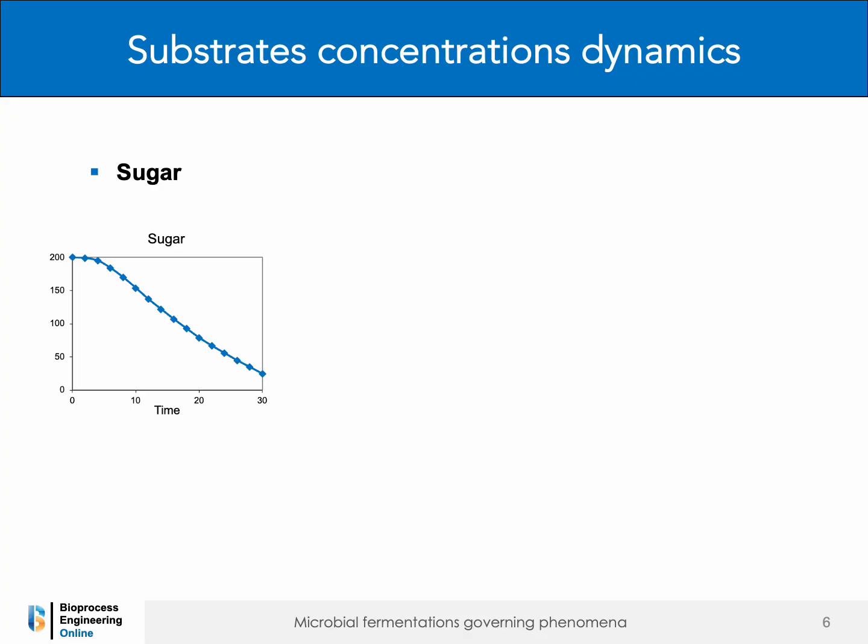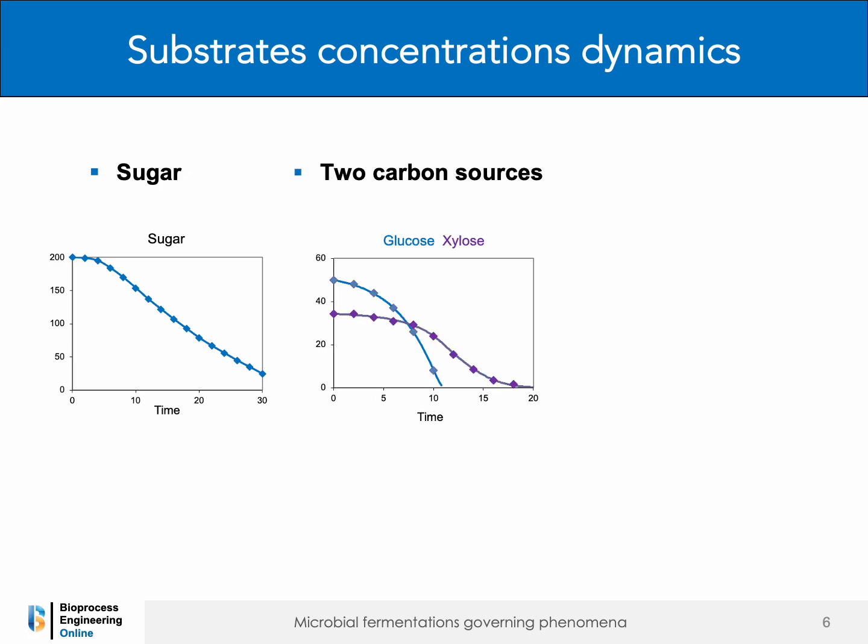For example, in batch fermentations, sugar concentrations typically decrease steadily over time, as cells actively take up and metabolize the available carbon source. When multiple carbon sources are present, microorganisms may display sequential, diauxic utilization, preferentially consuming one substrate first, then switching to the second only after the first is depleted.